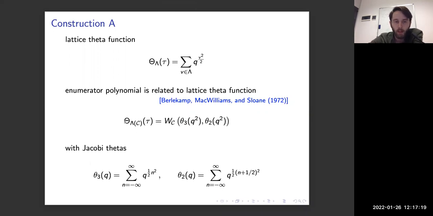Showing this is not too hard. It just requires that you remember that an error-correcting code is essentially an equivalence class of vectors. So the enumerator polynomial is a sum over code words, and then you just need to relate that to a sum over each vector in the equivalence class, and then you can see that the code words become the infinite sum.